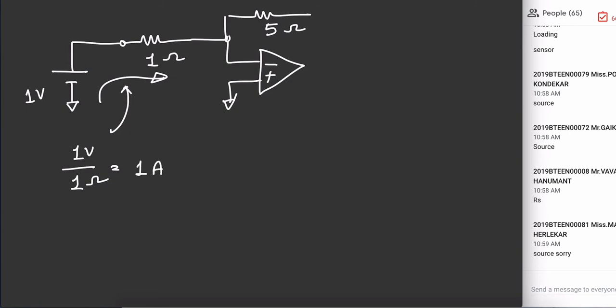This will demand 1 ampere of current from your source, so that the sensor will not be able to give.